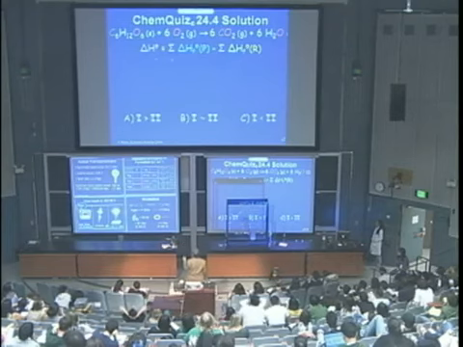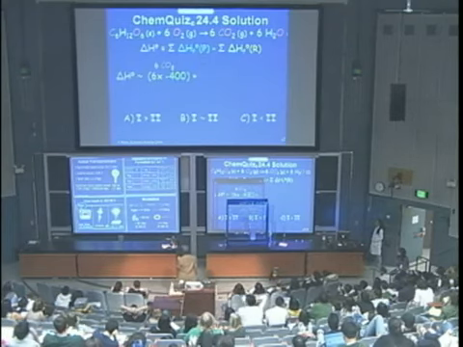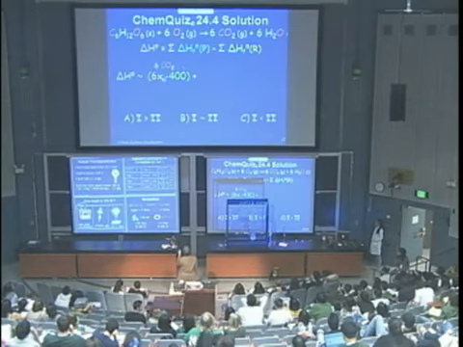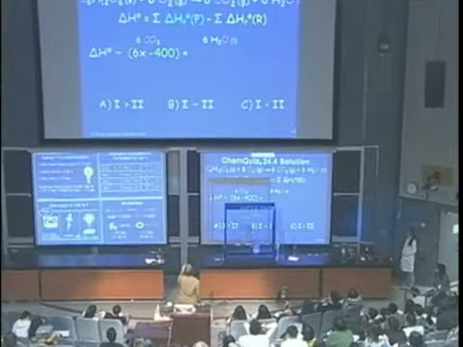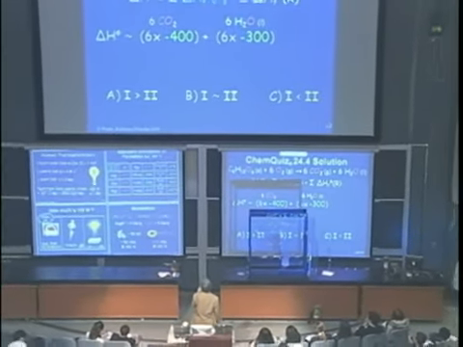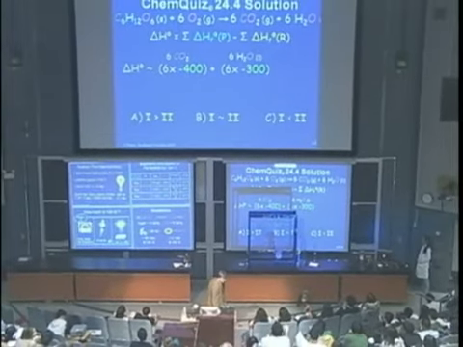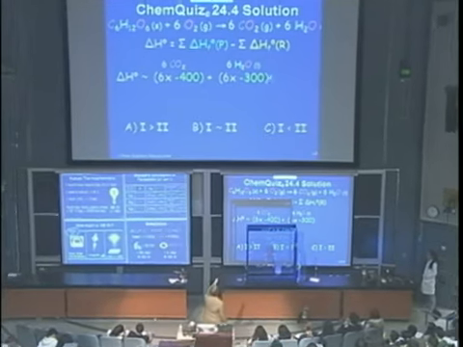These are these guys. So we have 6 CO2. This is 6 times CO2 is about minus 400, that is minus 2,400. Then we have water, 6 times about minus 300, minus 1,800, so that's minus 4,200.